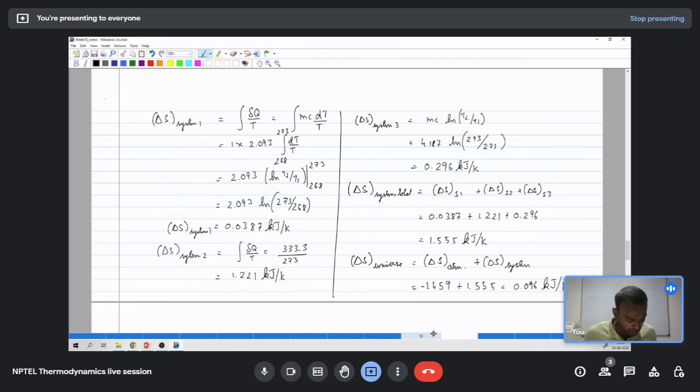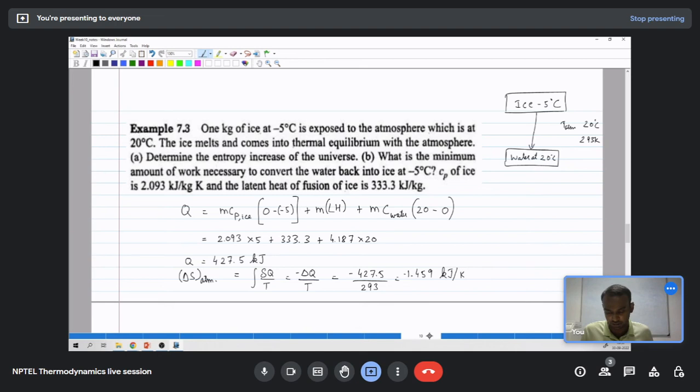Now we need to calculate how much is the minimum work that is necessary to convert the water at 20 degrees Celsius back to ice at minus 5 degrees Celsius. So for this we can use a reversible refrigeration system.